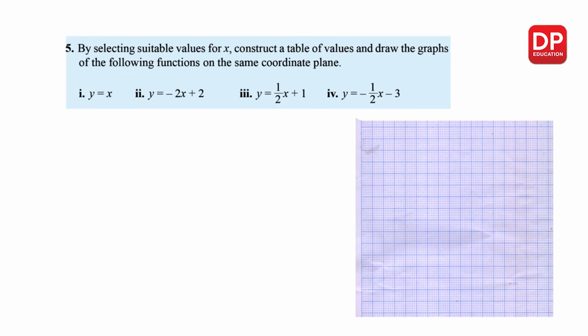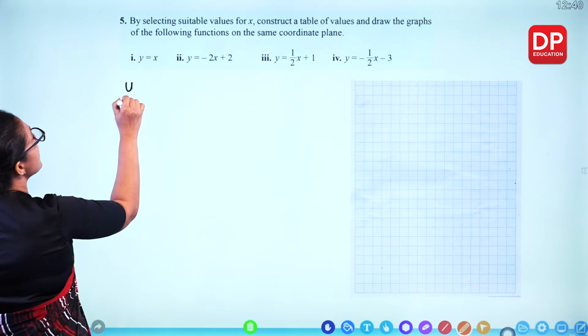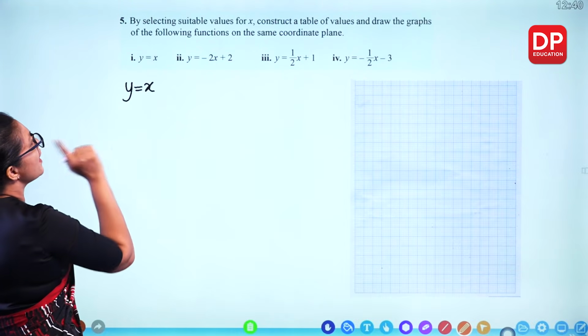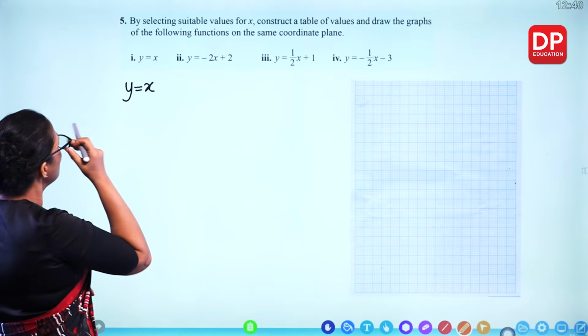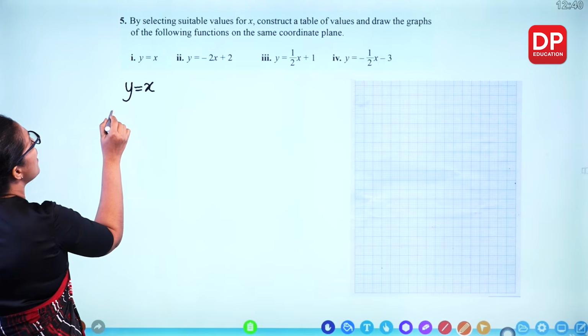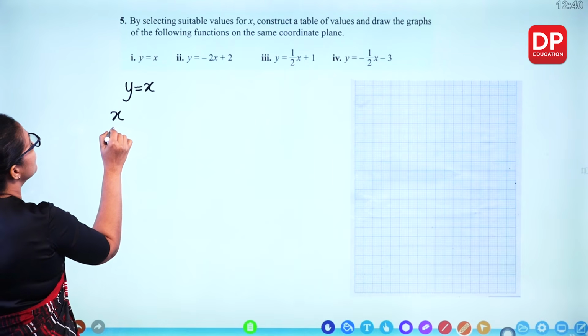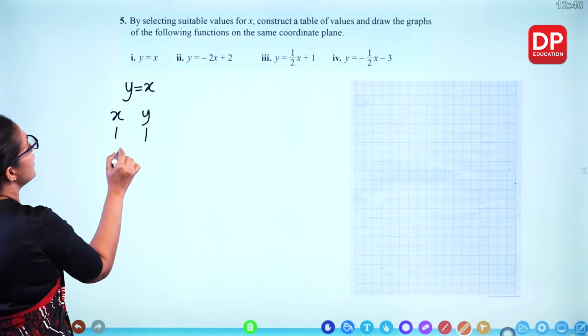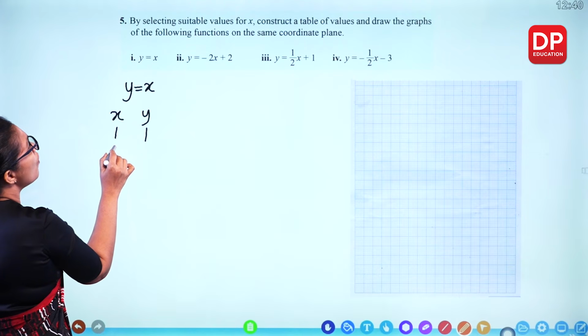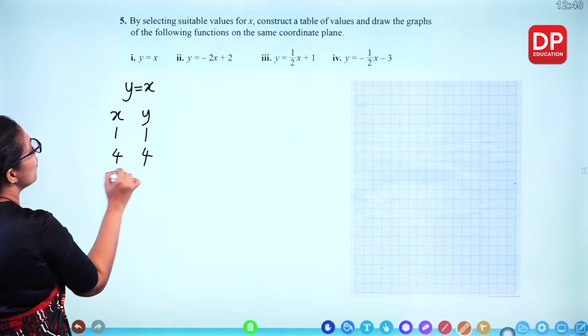Question number 5. By selecting suitable values for x, construct a table of values and draw the graphs of the following functions on the same coordinate plane. Y equals x. So you can take two values. X equals 1, y equals 1. X equals 4, y equals 4.